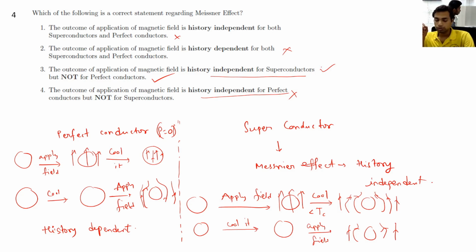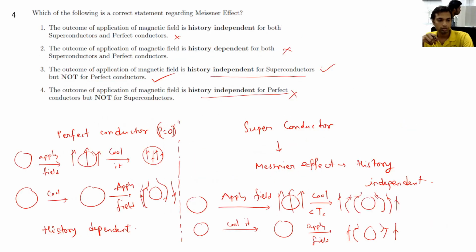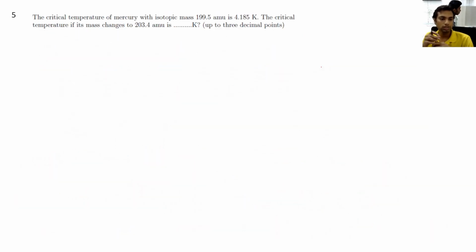Now let us go to the next question. The critical temperature of mercury with isotopic mass M1 equal to 199.5 atomic mass units is given as Tc1 equal to 4.185 Kelvin.